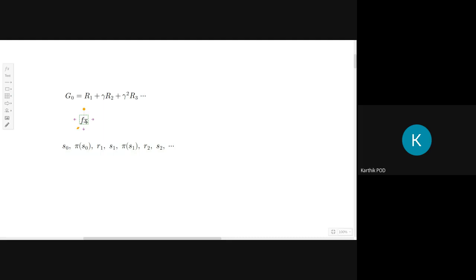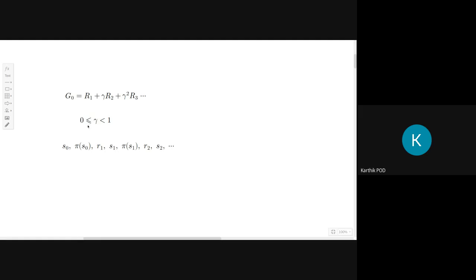Gamma is between 0 and 1, that is, 0 less than or equal to gamma less than 1. Of course, you could choose 1, in which case you can choose 1 when your task is episodic. That's fine. But generally, for a continuing framework, we choose gamma to lie in this range. So this is the notion of return.